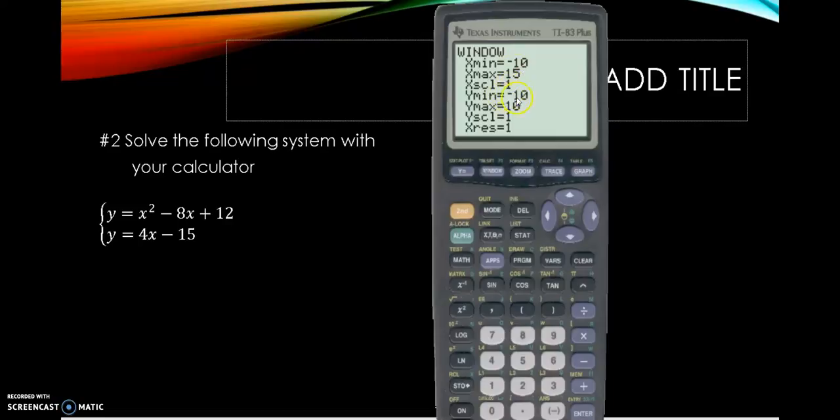I'm going to have the y values go from -10 to, let's say, 30. I don't know how high I'm going to have to go yet. Maybe I'll make the y scale, that's every tick mark right now represents one number, I'm going to make them represent 5. Maybe I'll let the y scale be 2. And this is something you can play around with as you do your homework assignment.